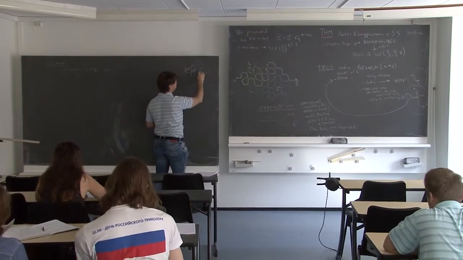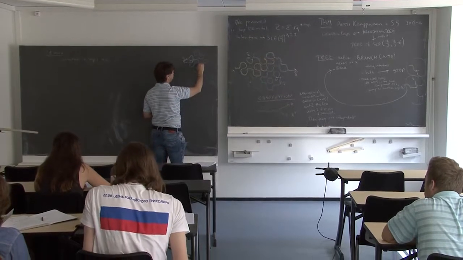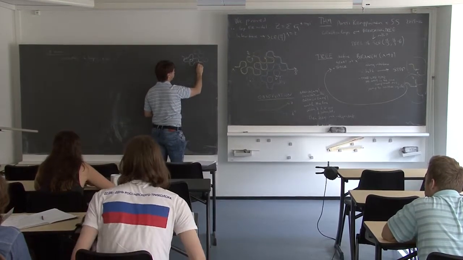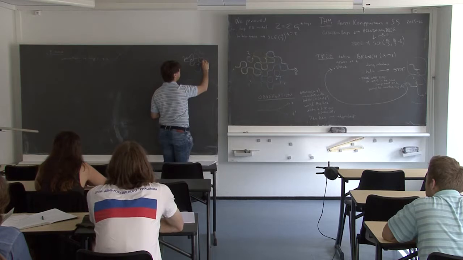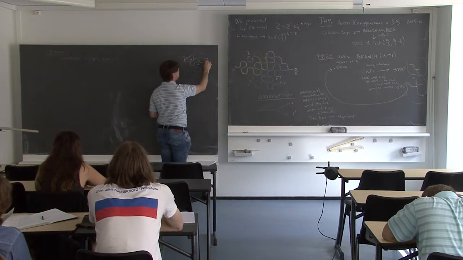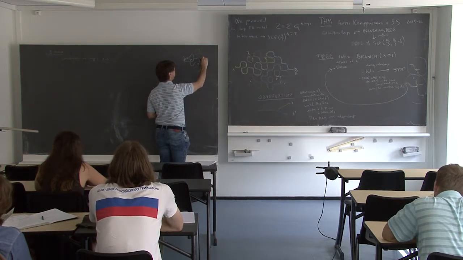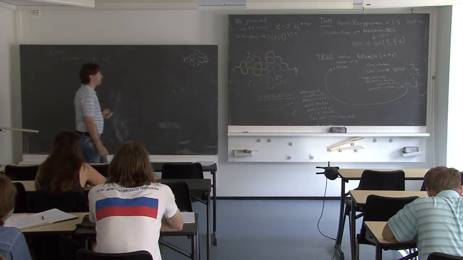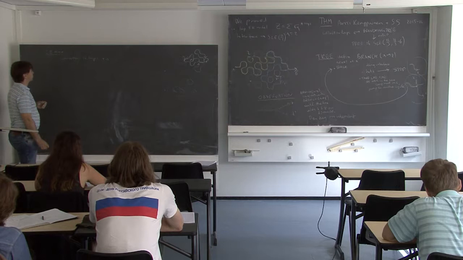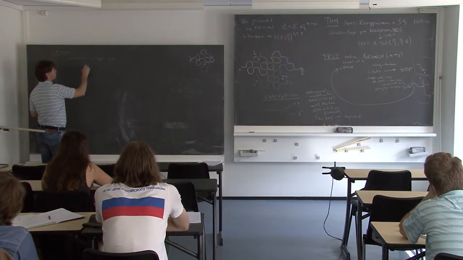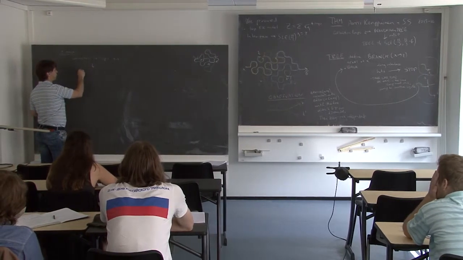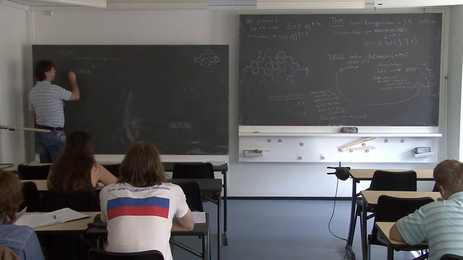And here we hit this loop and we attach it. Here we hit this loop and we attach it. And here we hit that loop and we attach it. So the collection of loops becomes a tree.